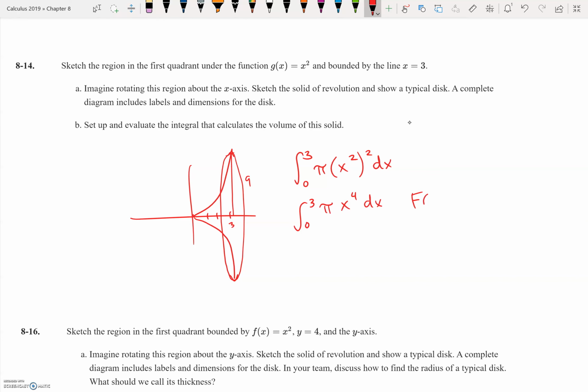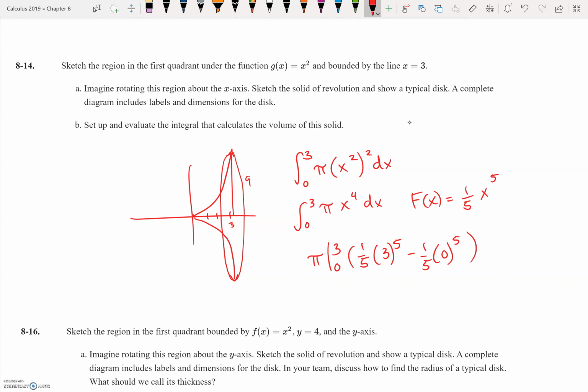The antiderivative of x to the 4th is x to the 5th, and then we'll put a 1/5 in front, because the derivative of the 5 multiplies by the front, so it cancels out. We're going to take the pi out. We'll say this is 0 to 3 of 1/5 3 to the 5th minus 1/5 times 0 to the 5th.